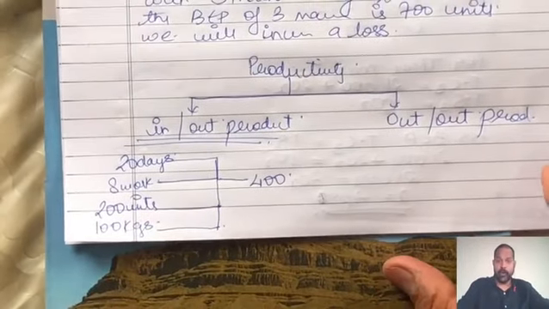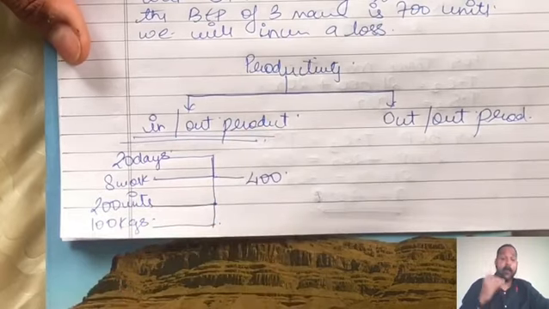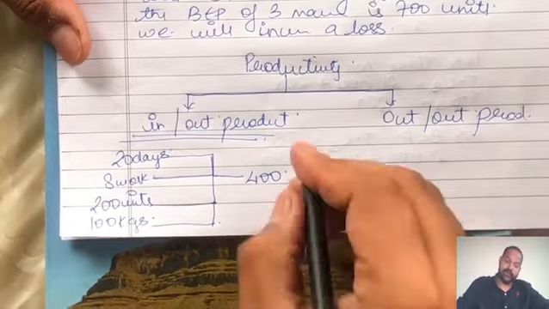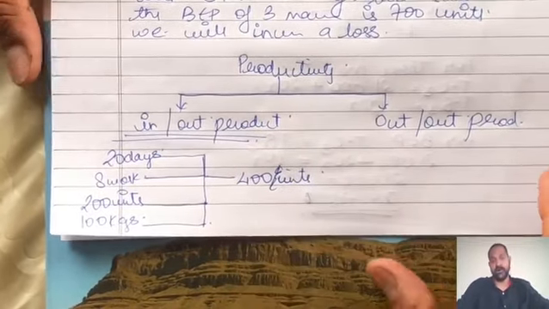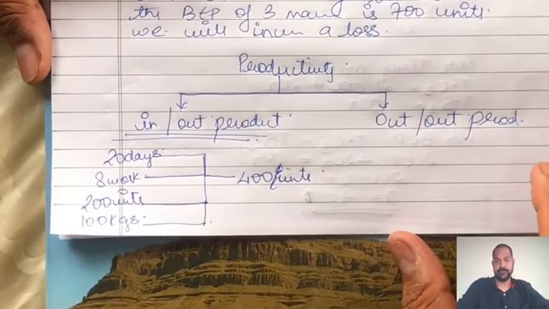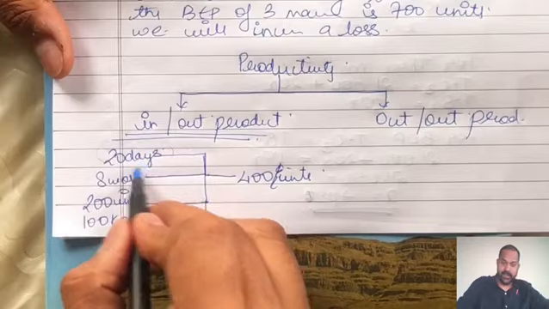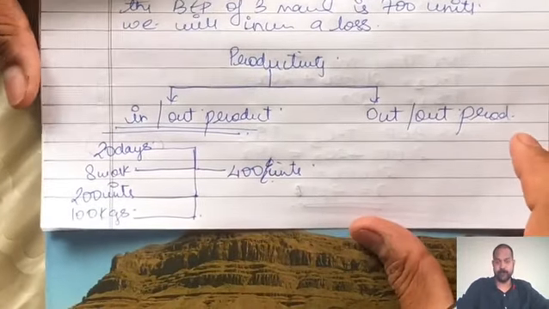We are going to talk about an input-output productivity. How productive is your input into giving me an output of 400 units? 20 days gives an output of 400 units.